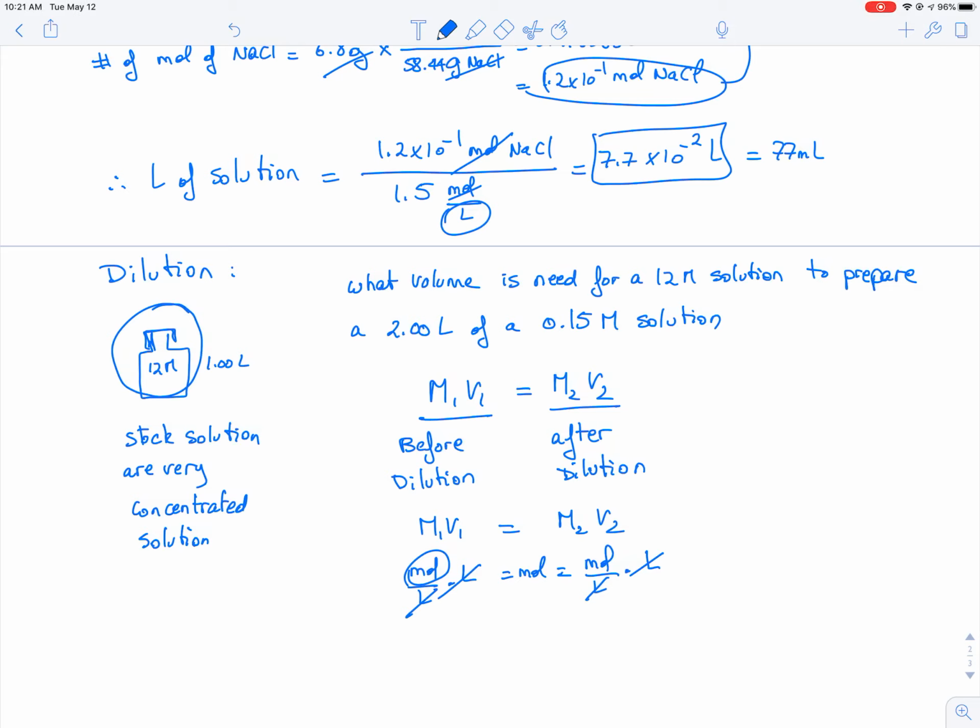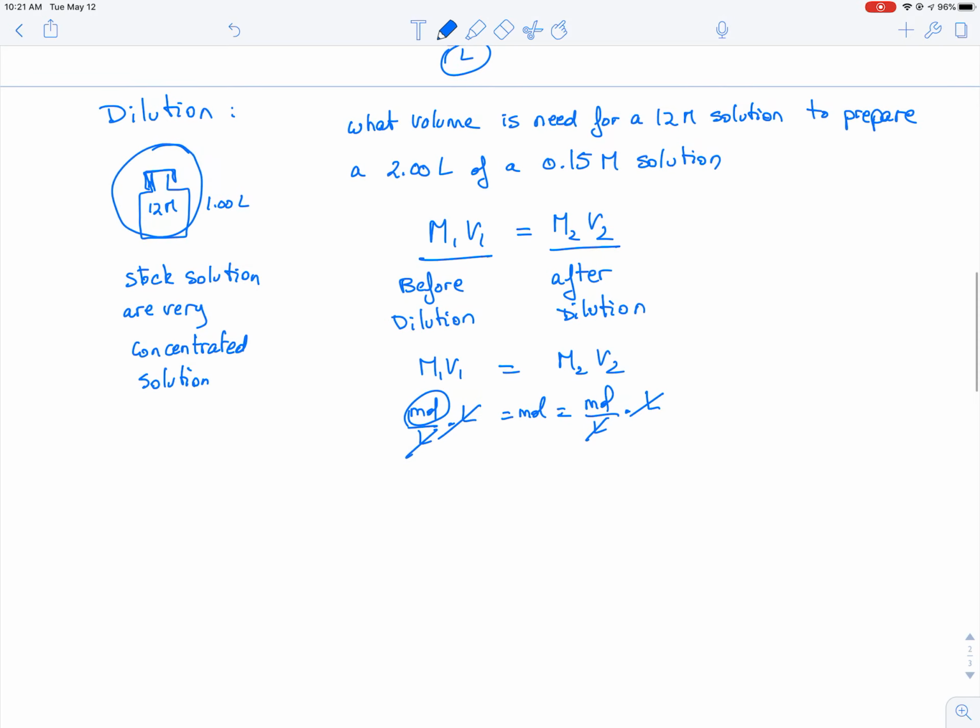And what am I doing to dilute it? I'm adding water, but I really have the same number of moles. The number of moles will be diluted. It will be contained in a larger volume of solvent, but you will have the same number of moles. Okay, let's solve this problem and I'll go over that point again.